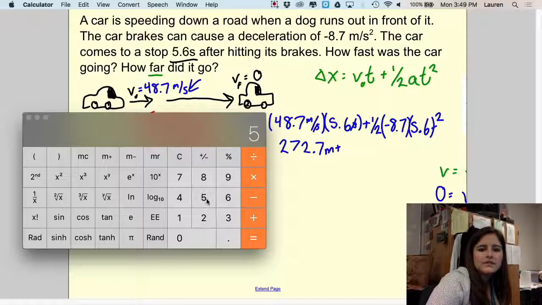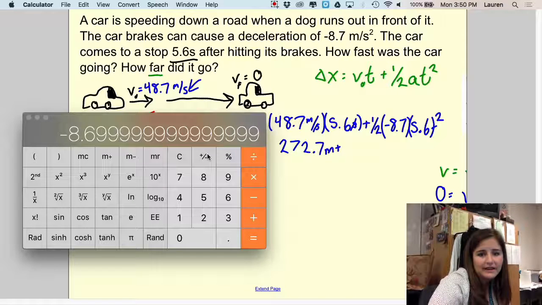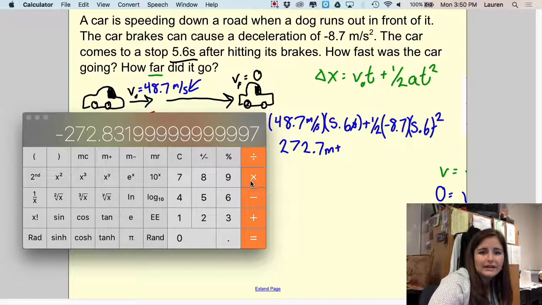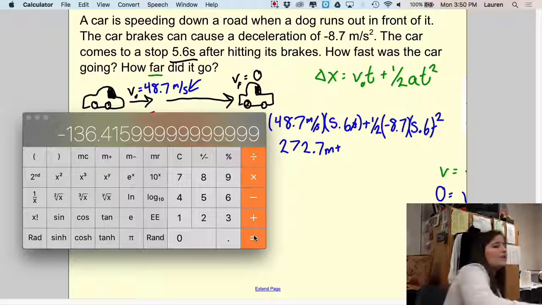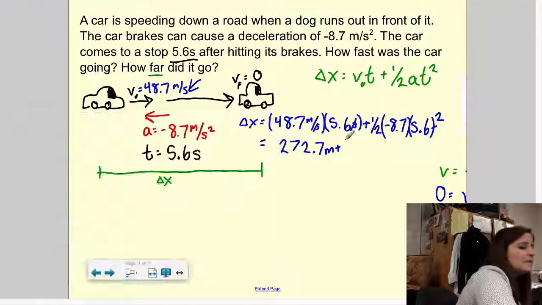Okay, so it's easier to do 5.6 squared times 8.7 negative times 0.5, which equals negative 136.